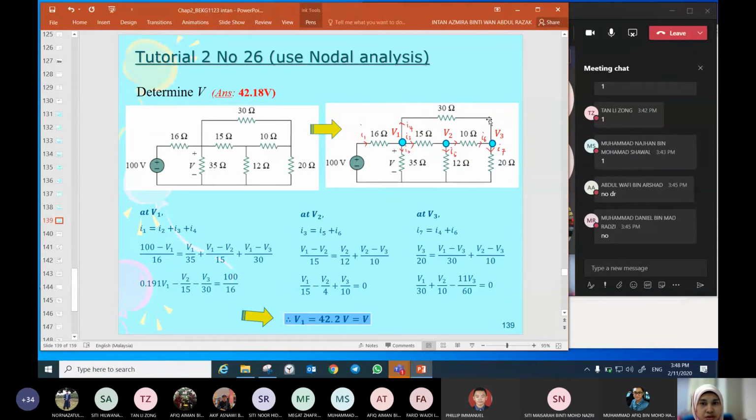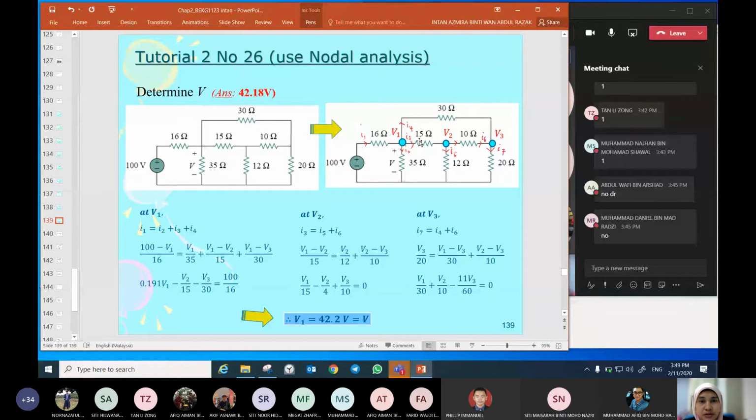I4 is V1 minus V3 over 30. Then please rearrange your equation, V1 followed by V2 followed by V3 equal to a round number. If there is no round number, it is equal to 0.